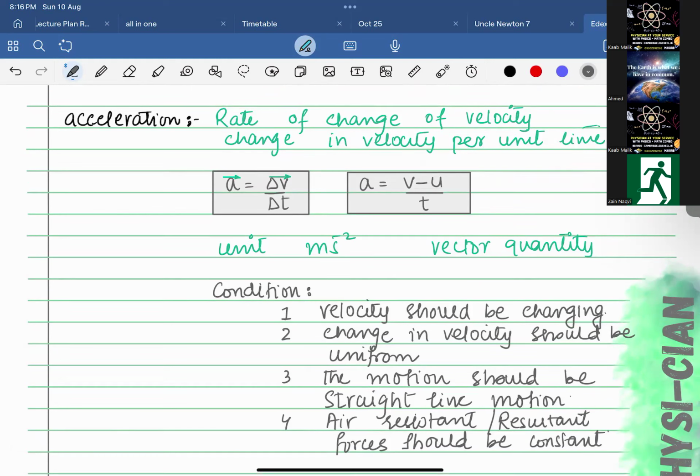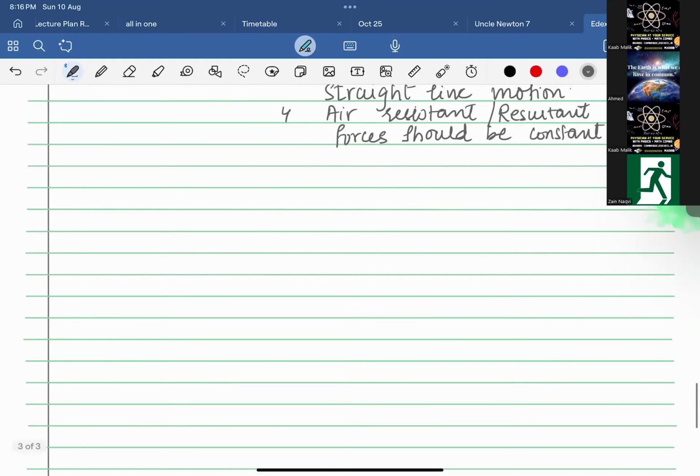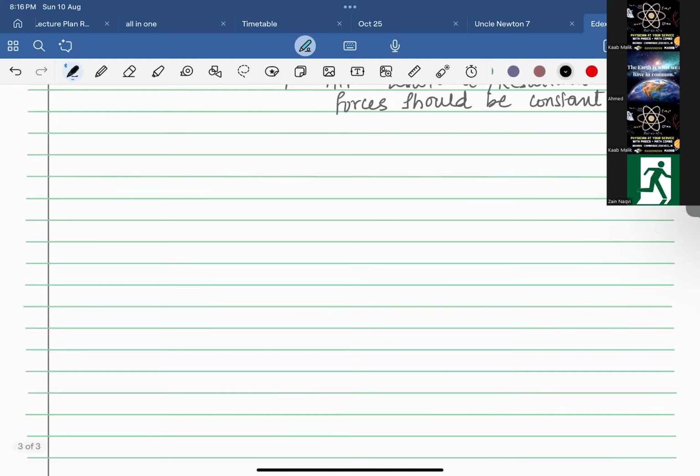Considering the motion where the object accelerates with a uniform acceleration, you would have five different variables. If you try to understand a motion, let's say a car begins from this point and gets to that point.